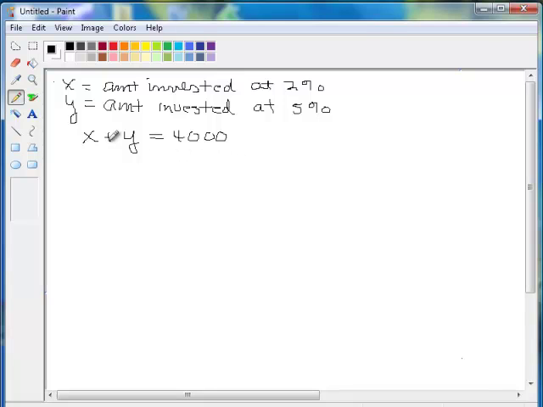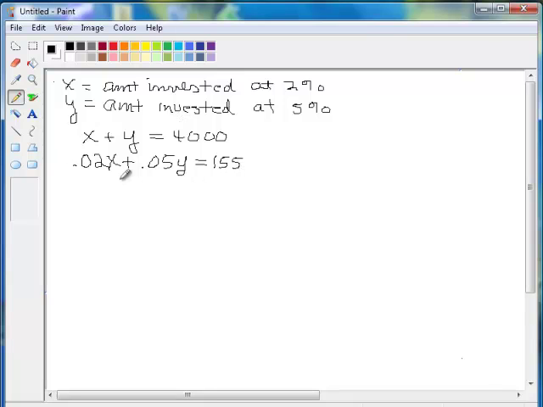In order to find out how much interest was earned in, say, the 2% account, we are going to say 2% of x, because 2% of the amount invested will give us the amount of interest that's earned in that first account. We will do the same for the y. We will take 5% of the y, that's the amount we don't know, but when we add both of these interest amounts together, we will get $155. And all of this was given in the problem.